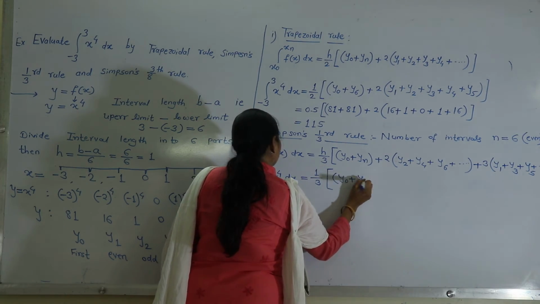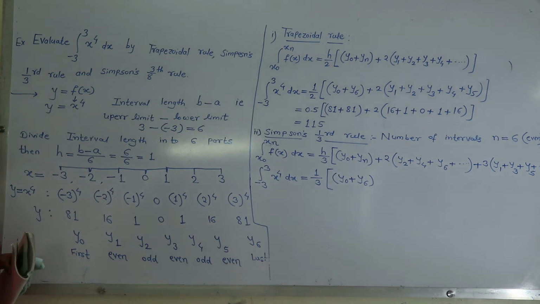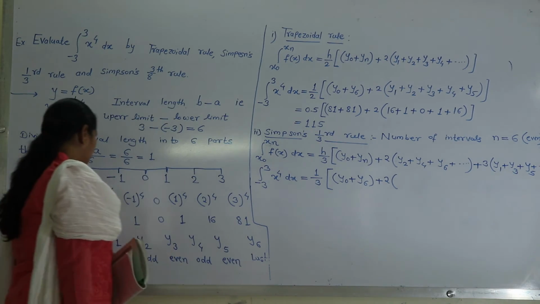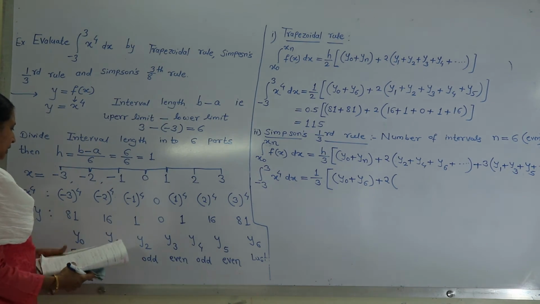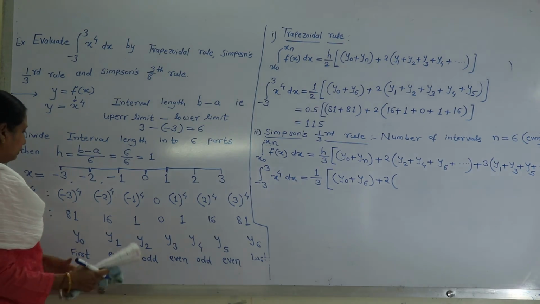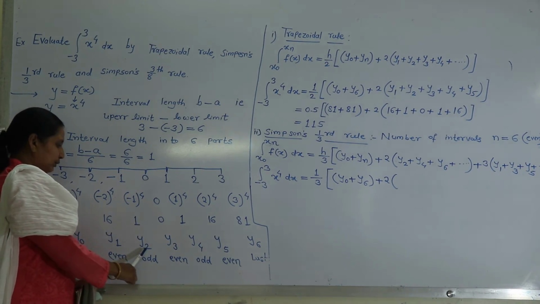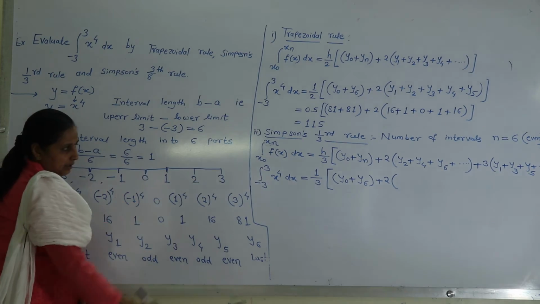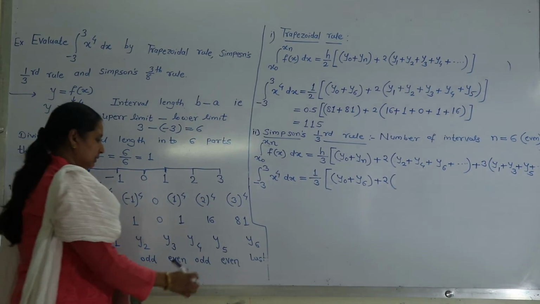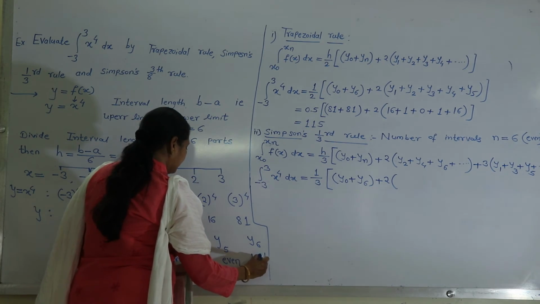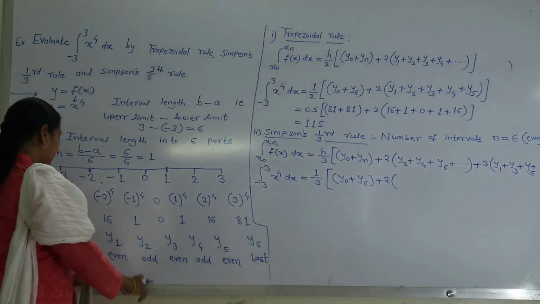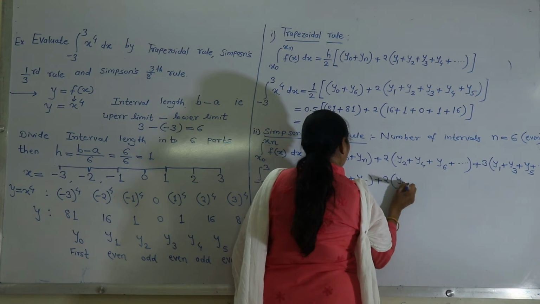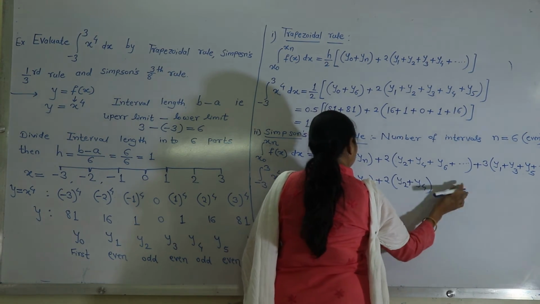First plus last, y0 plus y6, plus 2 times the odd ordinates, that means y2 plus y4, not y6, because y6 is already in the first term, so this ordinate should not be repeated. So only y2 plus y4.